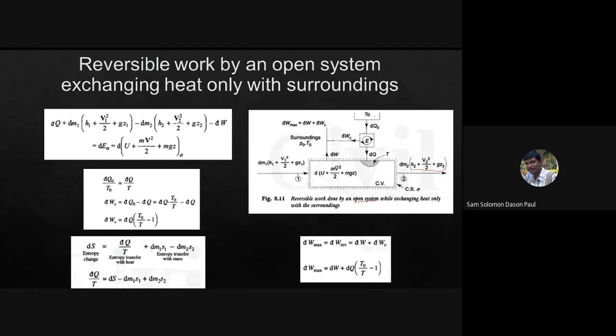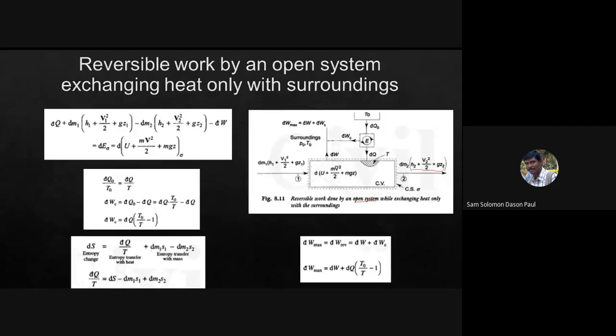This boiler is rejecting heat to this device, which is at temperature T. This is a reversible engine, and it is delivering some amount of work, given as dWc. Both of them can be added together, and this gives you dW max, which is dW plus dWc.